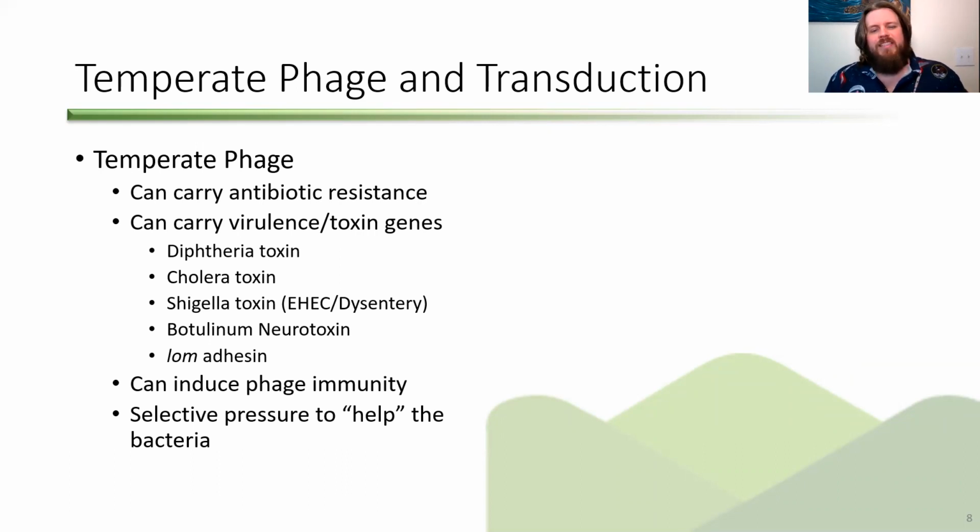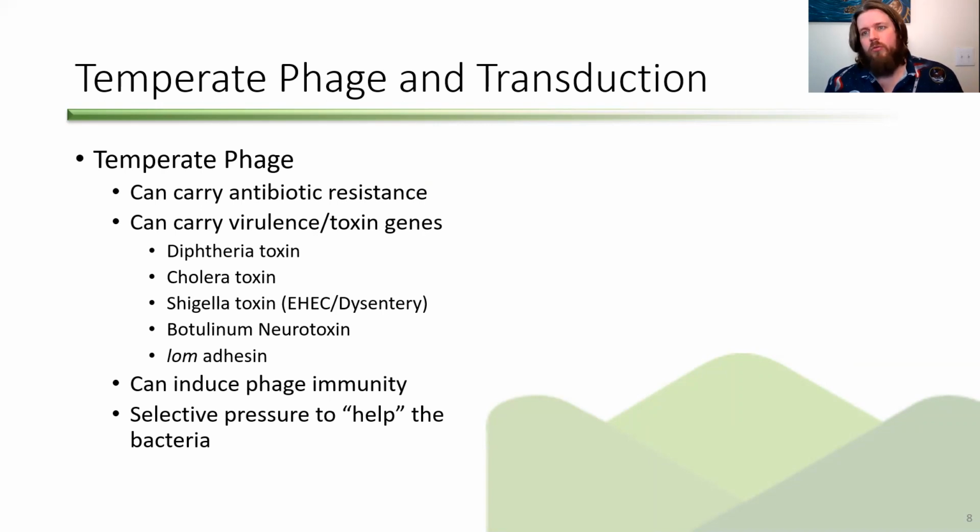Now, this is kind of the surface rationale for not wanting temperate phages. These are reasons enough not to want a temperate phage. But there are some more abstract reasons why you wouldn't like it for therapeutics either. For example, a temperate phage can induce phage immunity, meaning that when a bacterial cell gets infected with a temperate phage, it can now be resistant to other phages.